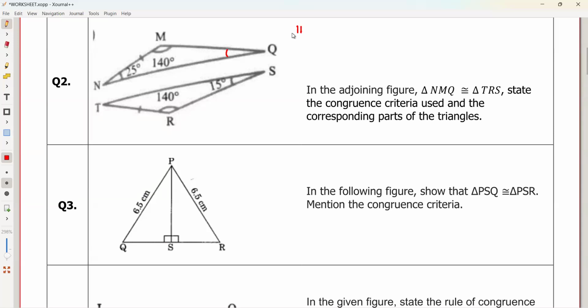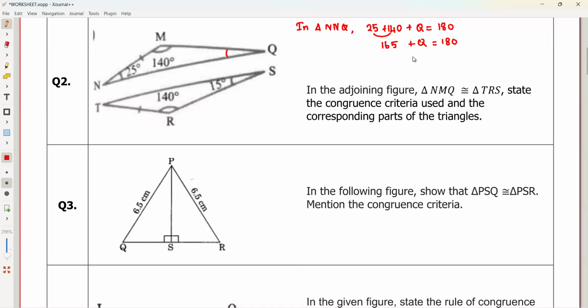In a triangle, first you choose the triangle. Which triangle? N, M, Q. So 25 plus 140 plus angle Q is equal to 180. 25 plus 140 is 165. 165 plus Q is equal to 180.